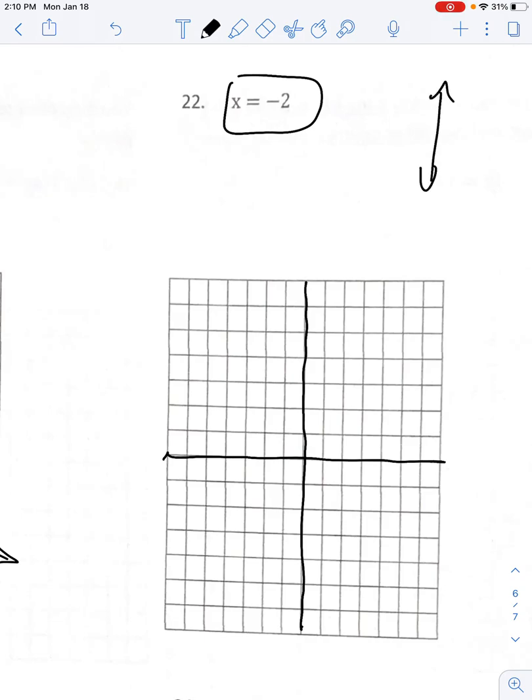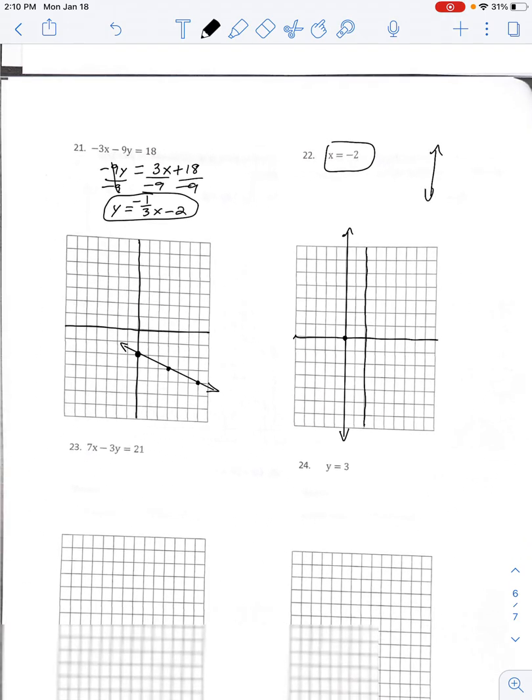All right? So the equation actually tells us what to plot. X equals negative 2. So we're going to plot negative 2 on the x-axis right here. And then once again, it is a vertical line. So we just draw a vertical line like so at negative 2. Pretty easy.